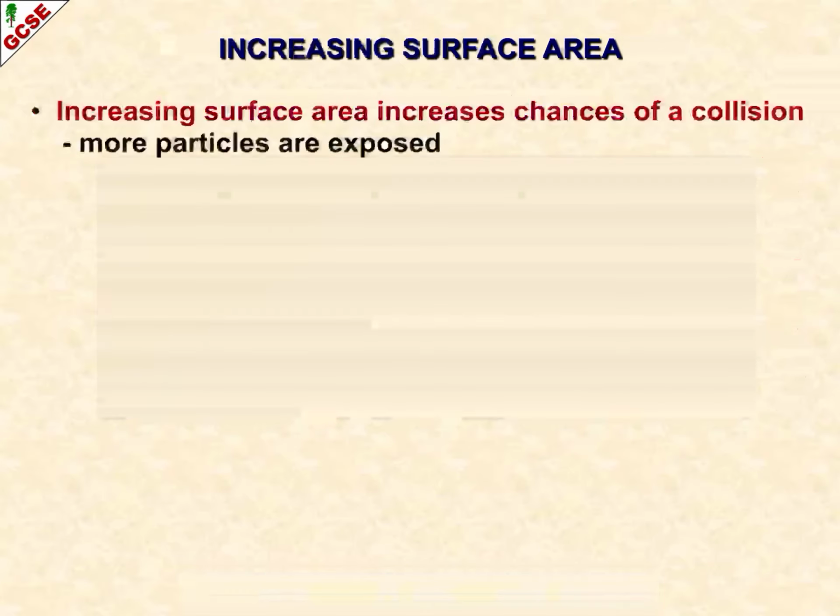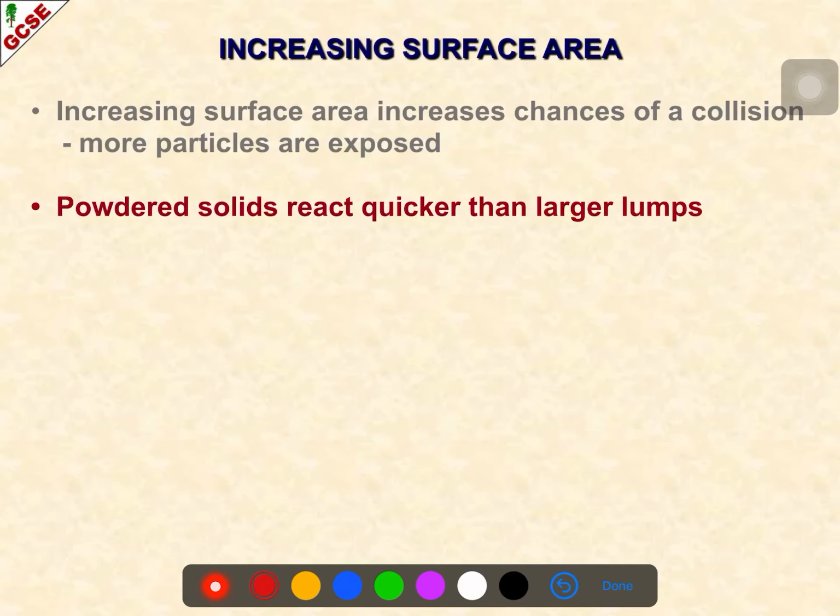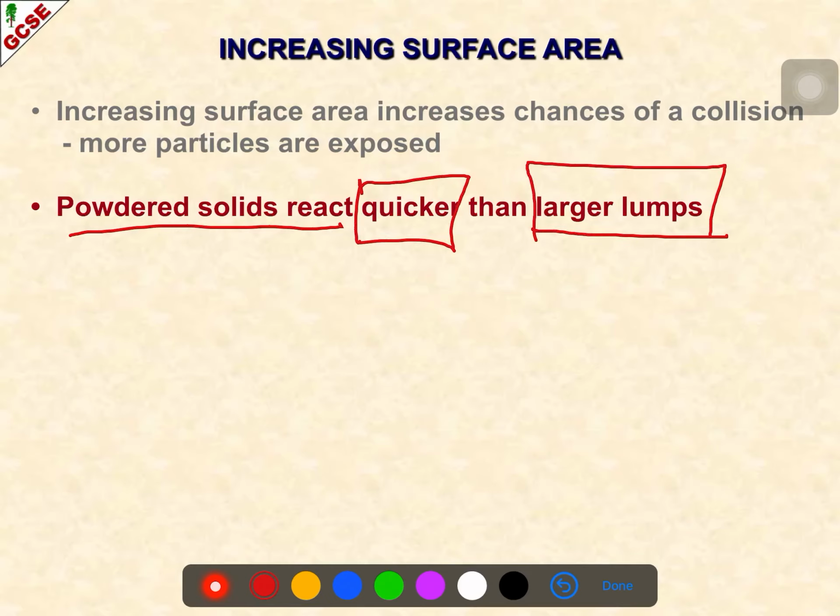When we increase the surface area, we increase the chances of collision, so more particles are exposed. That's why we increase the rate of the reaction, because more particles are exposed. That's why powdered solid reacts faster than large lumps.